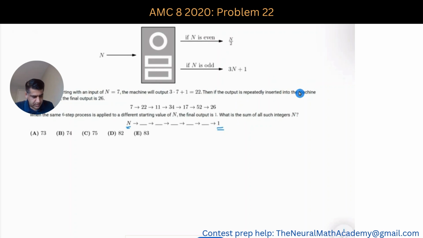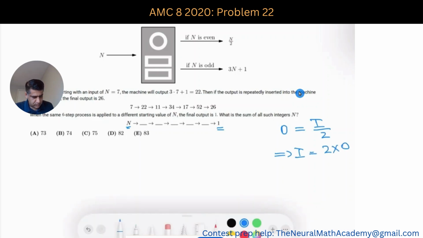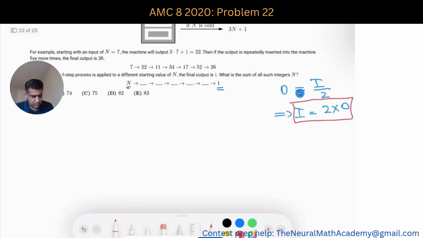So we have our function as output equal to input over 2. So we can set it up like input equal to 2 multiplied by output. So let's say that this is one option we have.